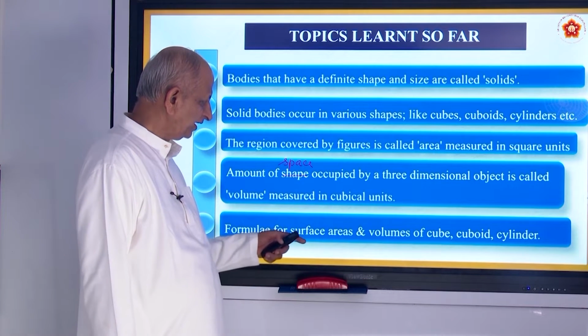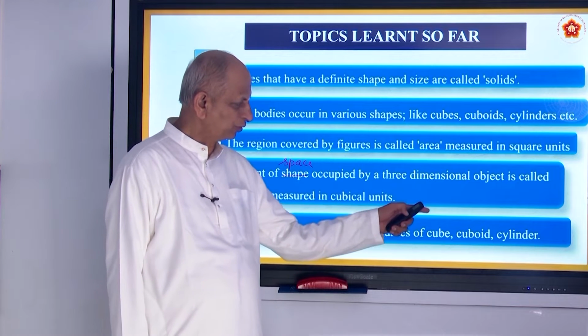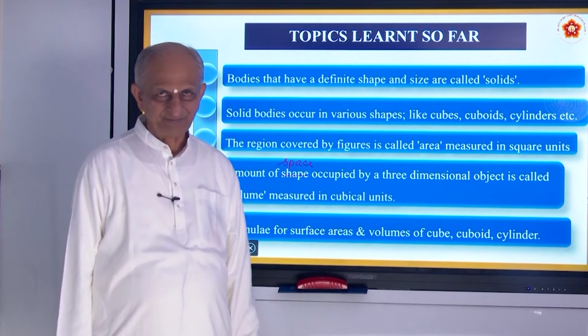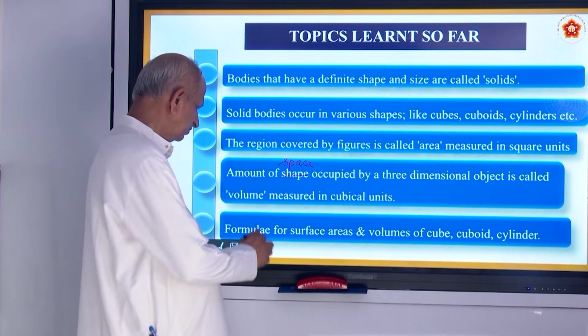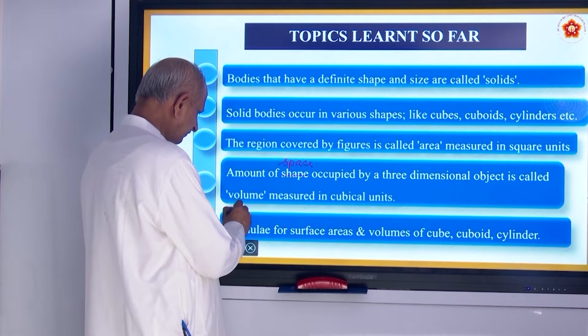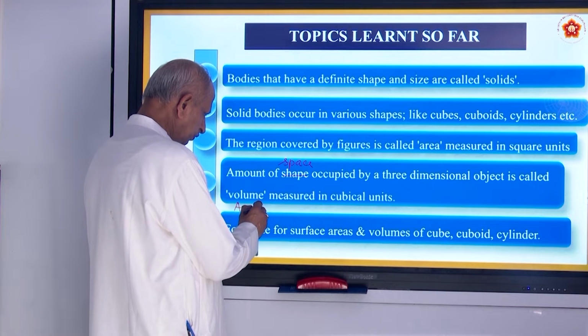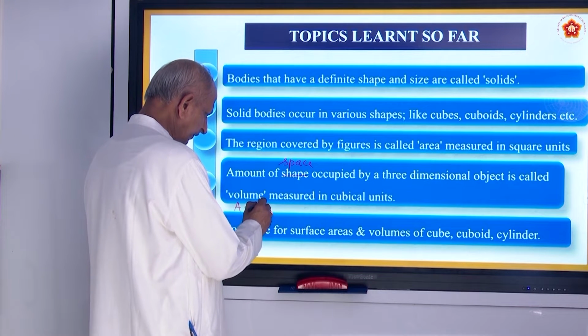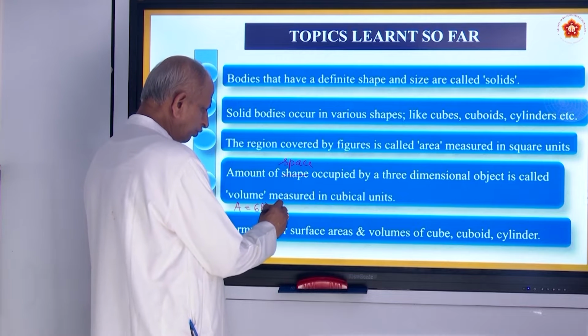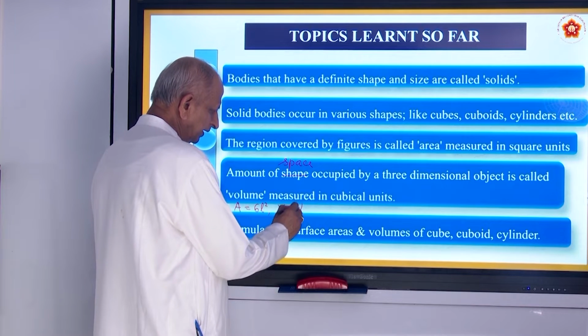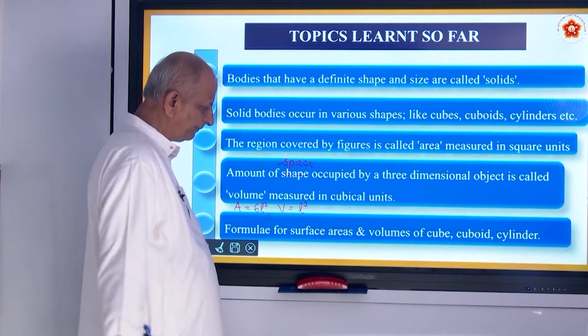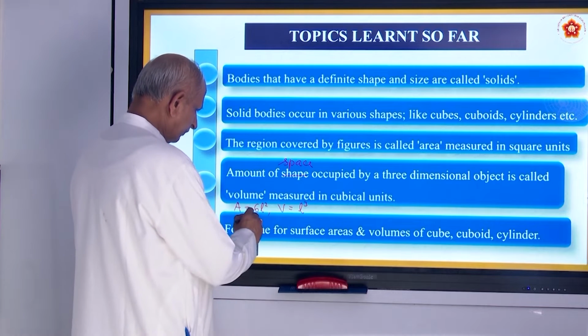Formula for surface areas and volumes of cube, cuboid, cylinder. We already studied it. Correct? So, surface area of cube is A equal to 6L square. Volume of a cube is L into L into L, L cube. That is about cube.